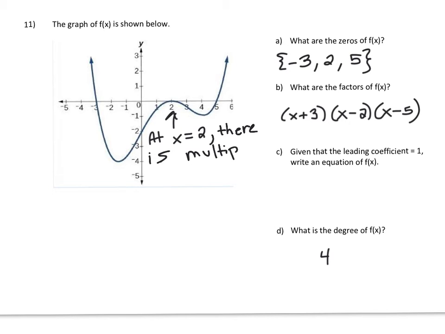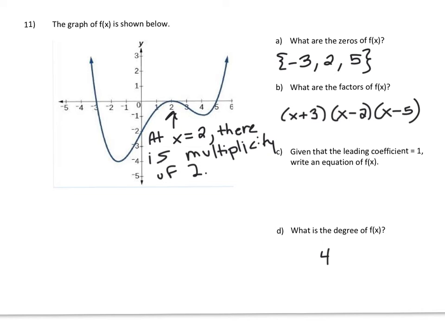There is multiplicity of 2. What that means is there's like a repeated root, okay? X equals 2. If you were to take this equation of the function and solve it, you would wind up getting x equals 2 and x equals 2. You would get 2 roots of x equals 2, okay?